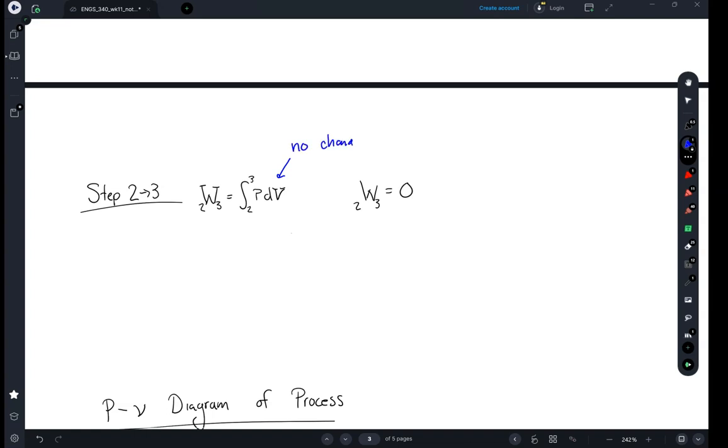Right, for state 2 and 3, we don't have a change in volume. So what we can say is that this integral, again, becomes very easy to solve, even easier than it was before, because if dV is 0, because there's no change in volume, then work is 0.